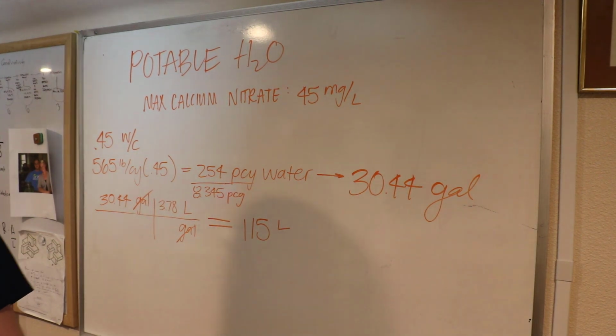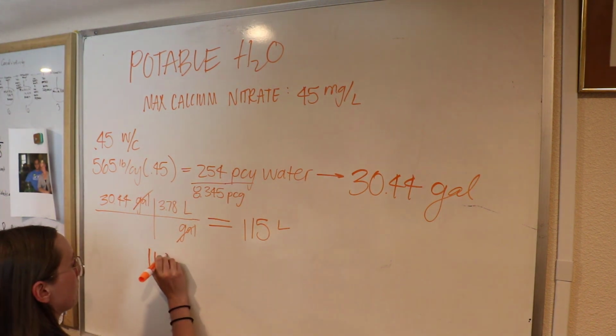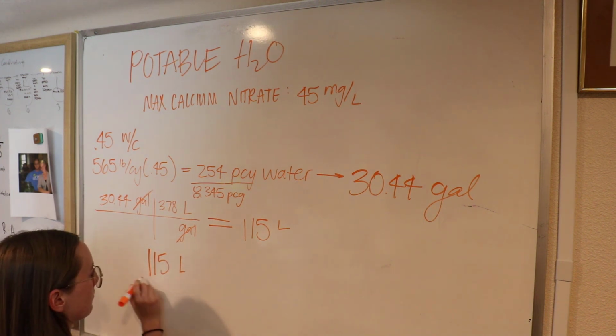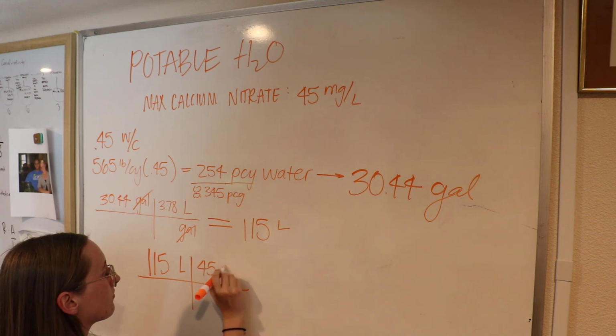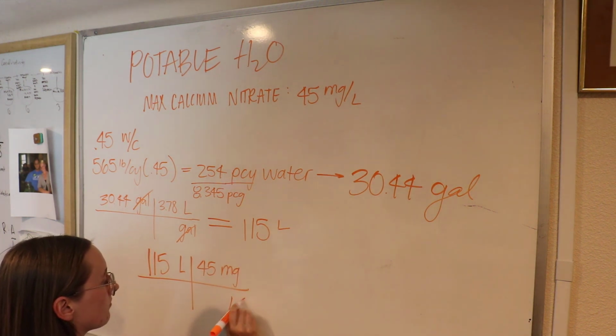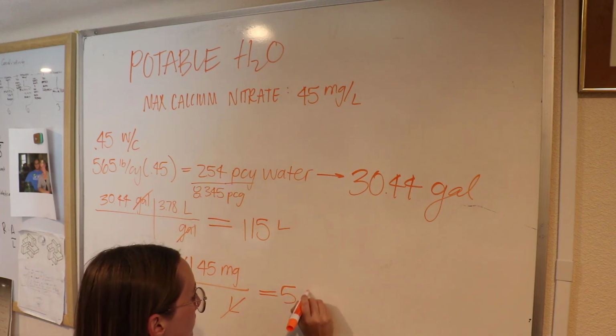The reason we converted to liters is that we're dealing with 45 milligrams per liter. So now all we have to do is multiply 115 liters, which is our cubic yard, times 45 milligrams per liter.